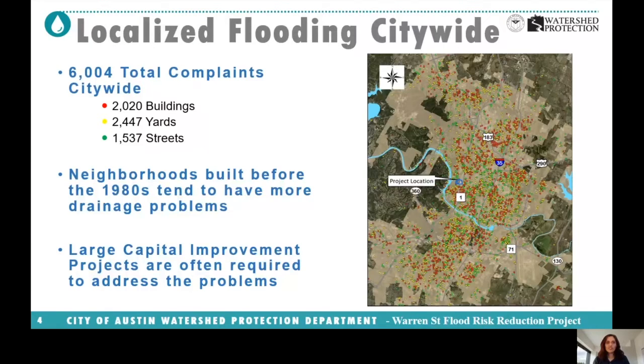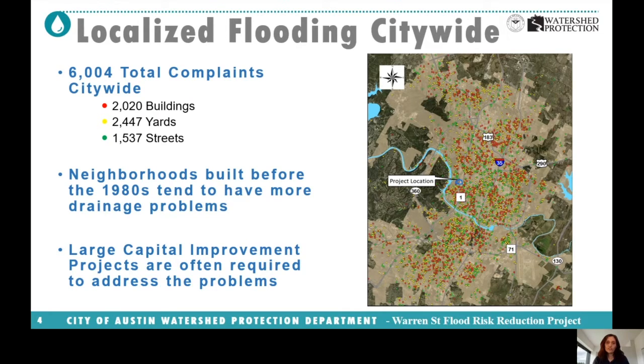So this is a general picture of what kind of localized flooding we see in the city of Austin. All the dots in the right side picture represent a flooding complaint that is in our database. All the red dots represent building complaints, and by that it means that when the flooding occurred, the water either entered the garage or actually the house or the building.